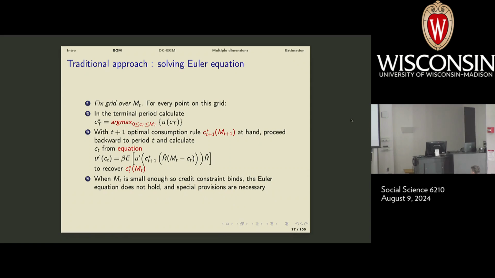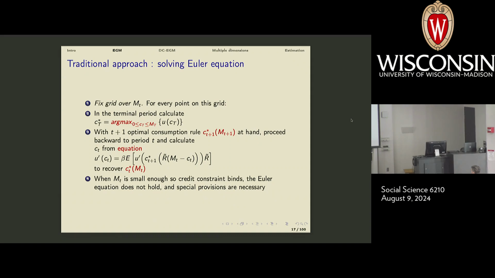Again, fix the grid over M, fix the space on which we are solving the problem. And then in the terminal period, we can solve the same maximization problem as before. And then given this optimal policy function in the next period, which comes out of the backwards induction, we can solve the Euler equation in C by treating it as an equation at each point of M, since the M grid is fixed.